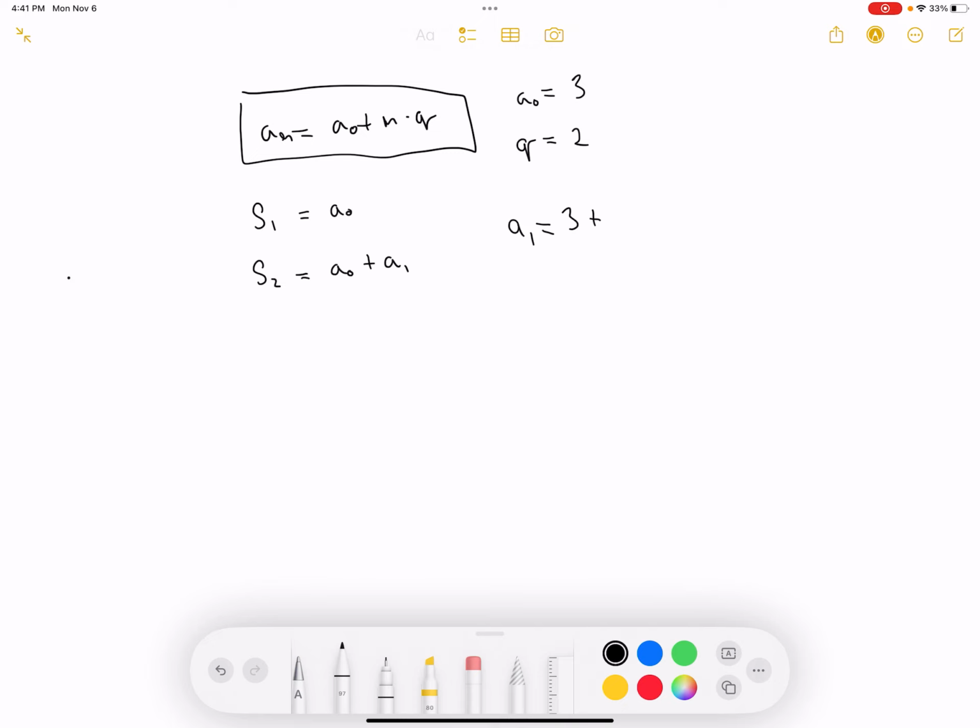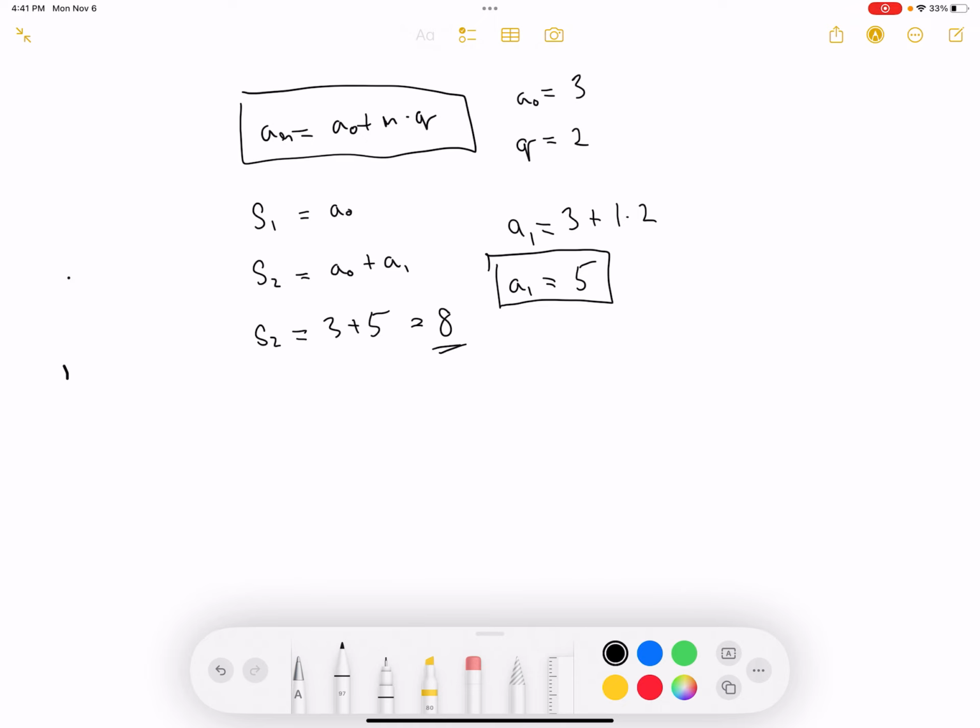N is 1, so 1 times 2. So a1 would be 3 plus 2 is 5. Okay, so series 2 for our example sequence would be 3 plus 5, which would be 8.